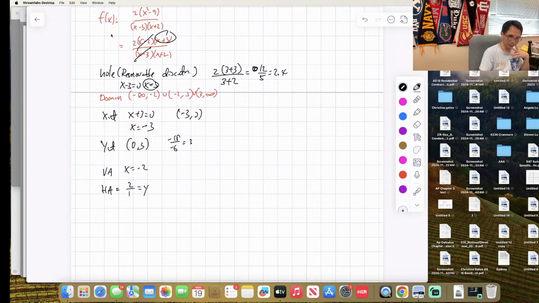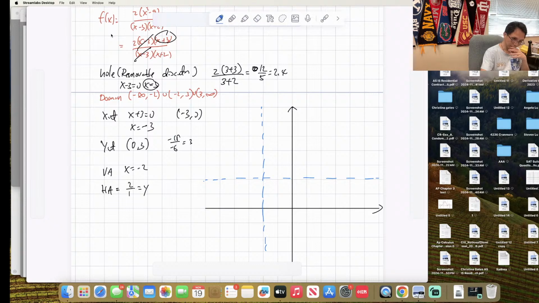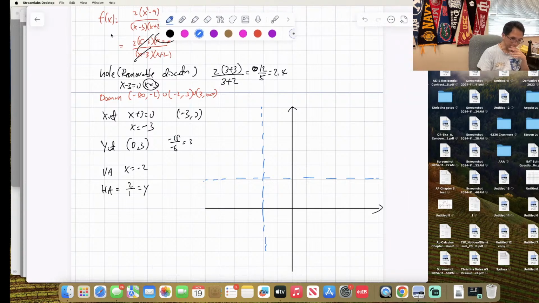You're finding this information, you've already done most of the work. The horizontal asymptote is at 2, so I'm going to draw a dotted line. The vertical asymptote is at where? -2? Are we going okay?